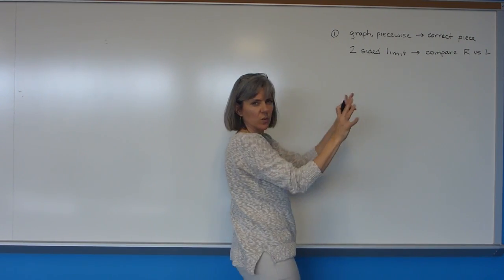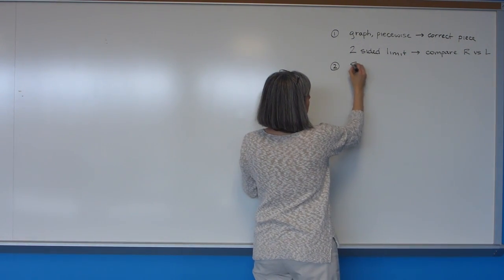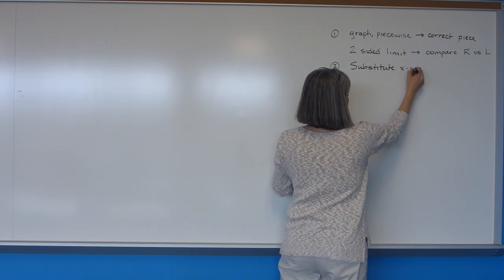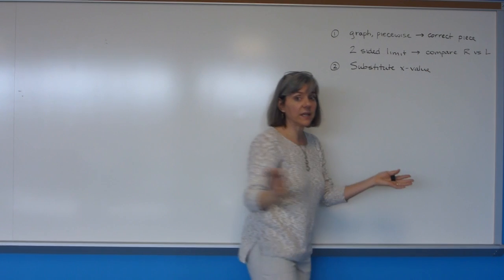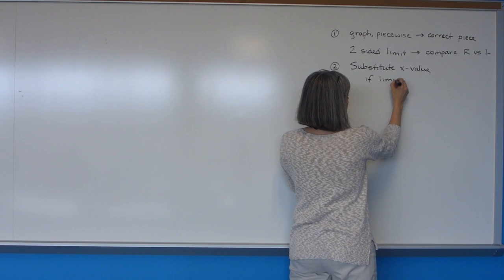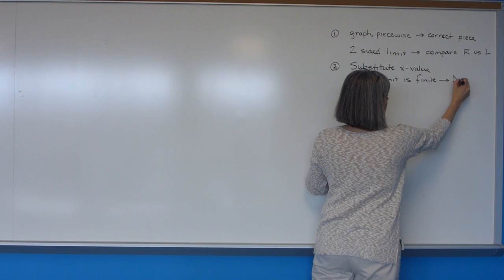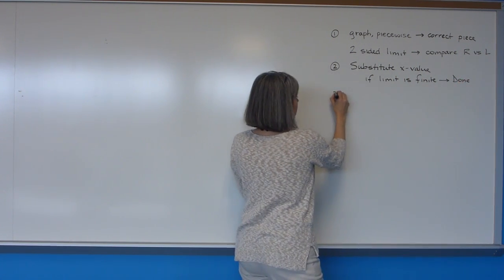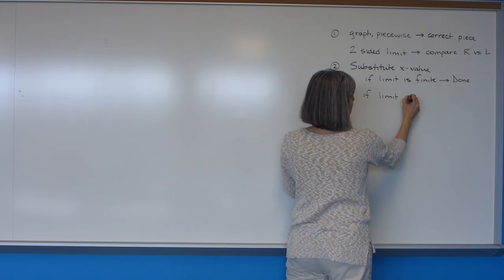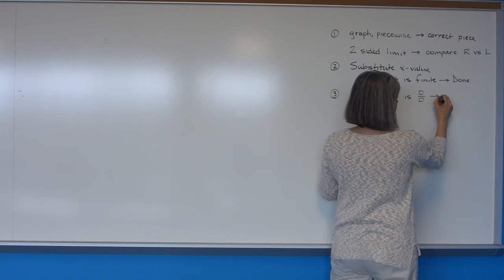Okay, so once we know what direction we're headed, the first thing we always do is substitute the x value. If you get a finite number, you're done. That is the limit. On the other hand, if the limit is an indeterminate form, say 0 over 0, that means you have more work to do.